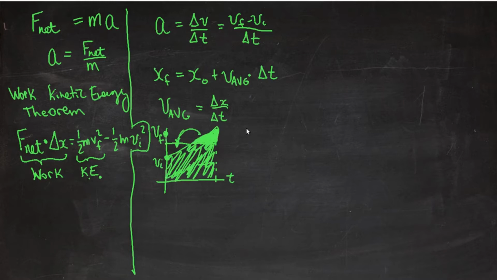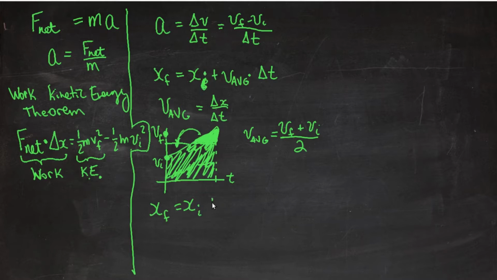But long story short, the average velocity, V average, is the average of V final plus V initial over the number of things I've averaged, which here is 2. So that tells us x final is going to be the initial x. Let's stick with I for initial.